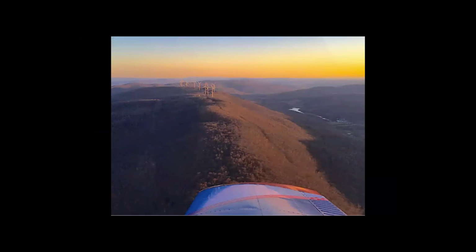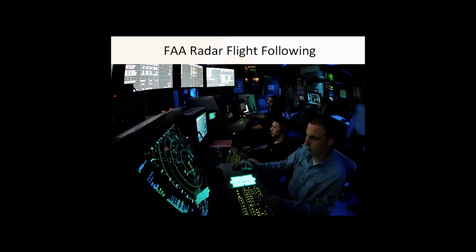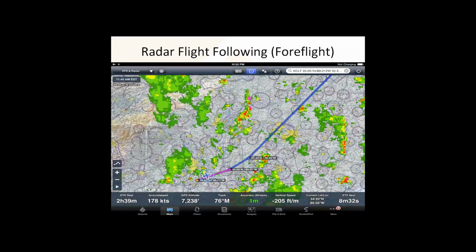So we'll use radar flight following, and we'll look at the curves and the trajectory of our flight. And I'm going to use it as a metaphor to talk about the curves and trajectory of a software project from a standpoint of the defect curve. So here we go. Let's talk about the idea of looking for patterns in real time in flight, much like if we were to depart a local airport and head on a flight plan.